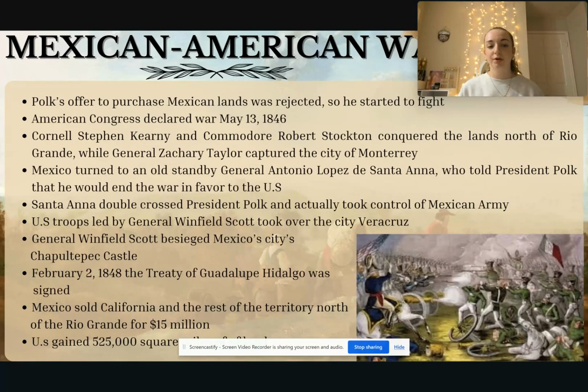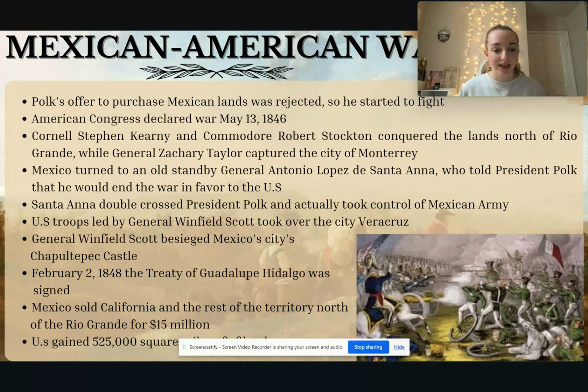Meanwhile, U.S. troops led by General Winfield Scott took over the city of Veracruz, and after that they started marching toward Mexico City.